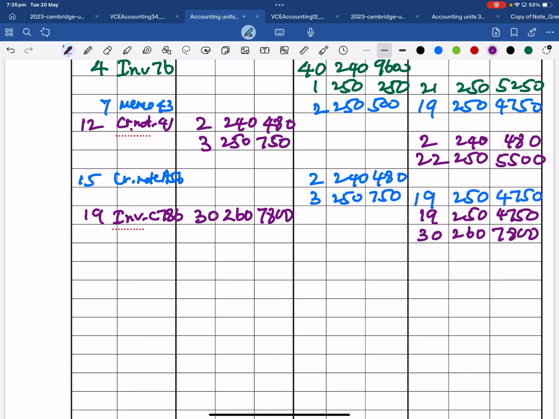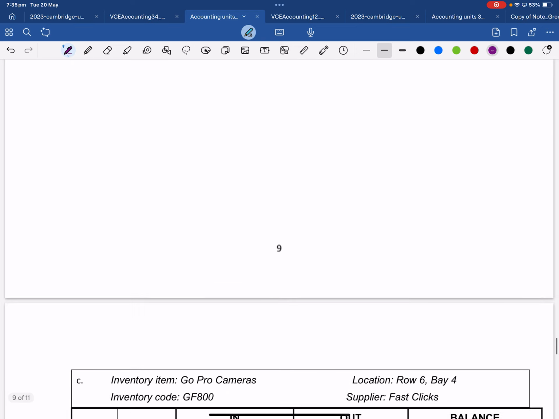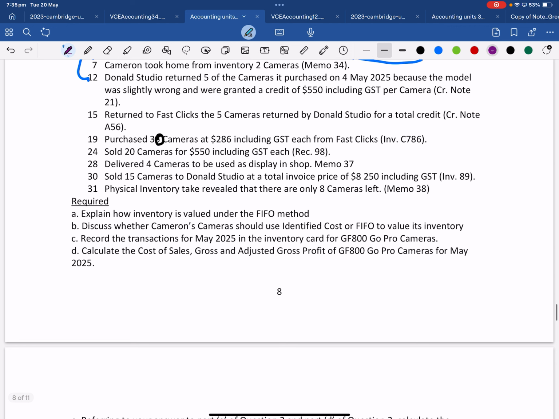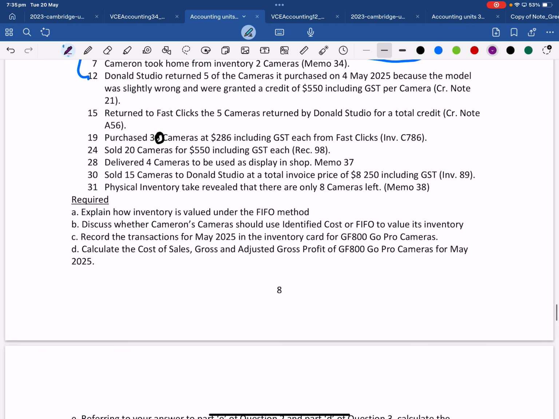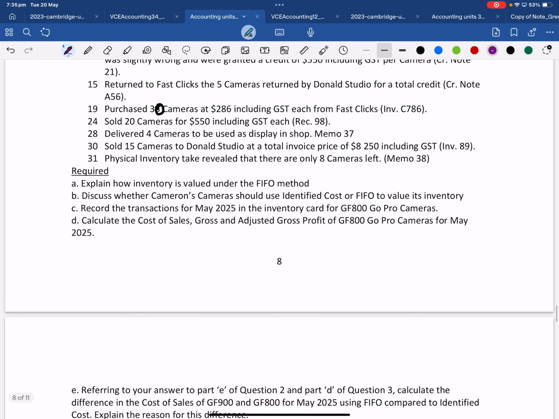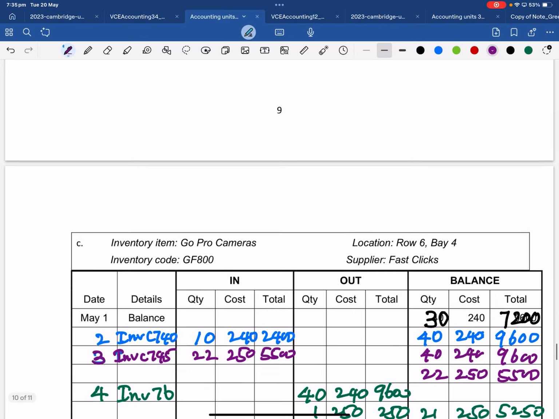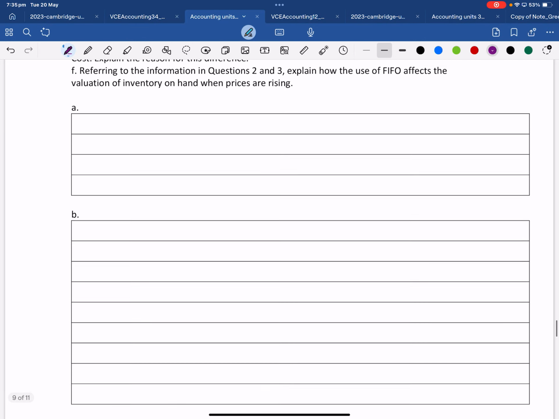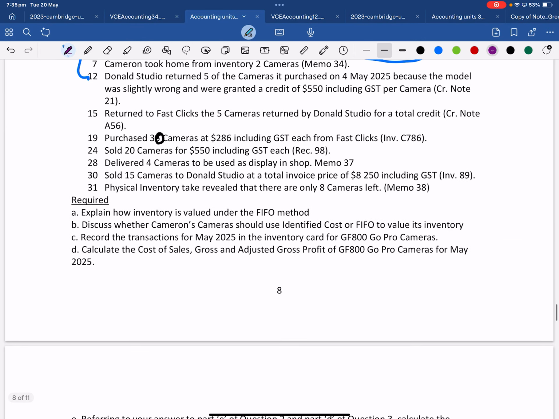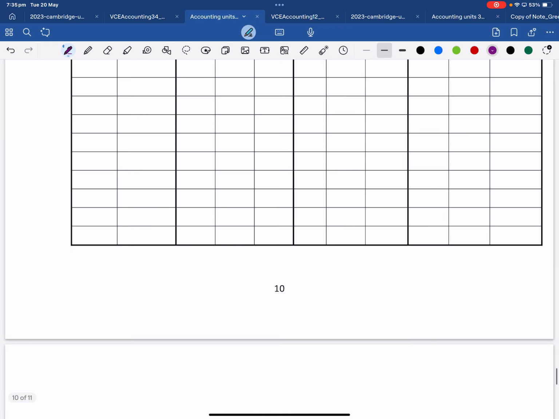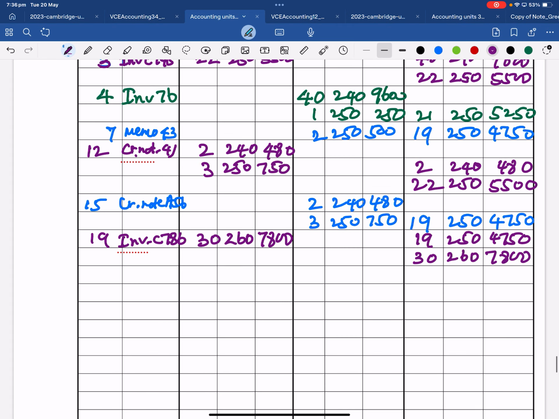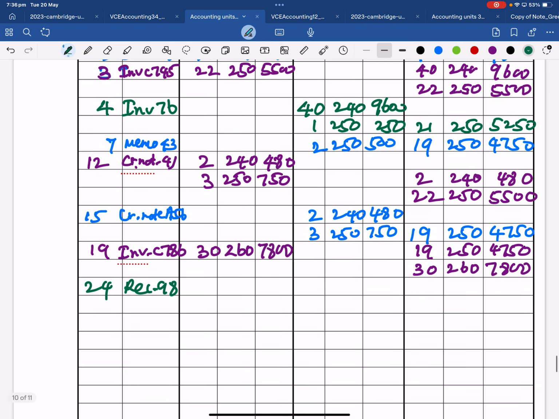Next one. 24th, yes. We sold 20 cameras, receipt 98. On the 24th, we are selling, receipt 98, 20 cameras.